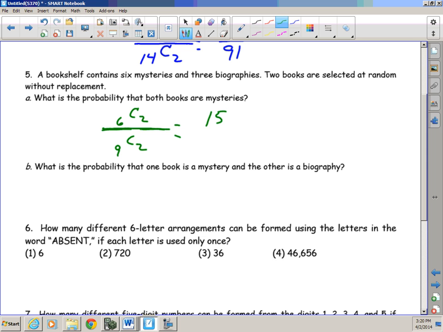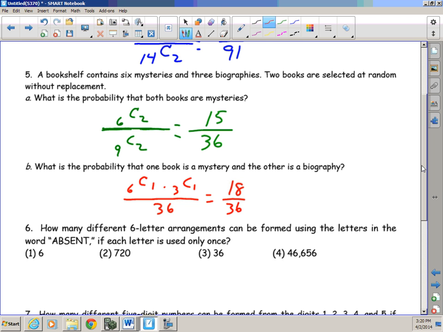There's 15 different combinations of those books, and there's 36 combinations of 2 books in total. The next one: probability that one book is a mystery and the other is a biography. Mystery times biography over the same 36, or 18 over 36.